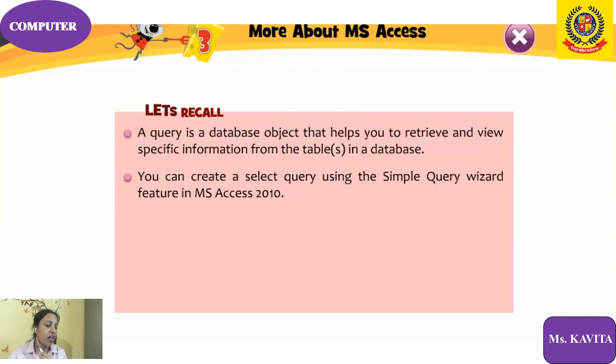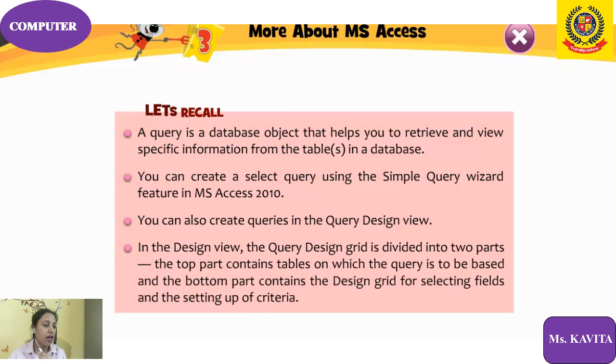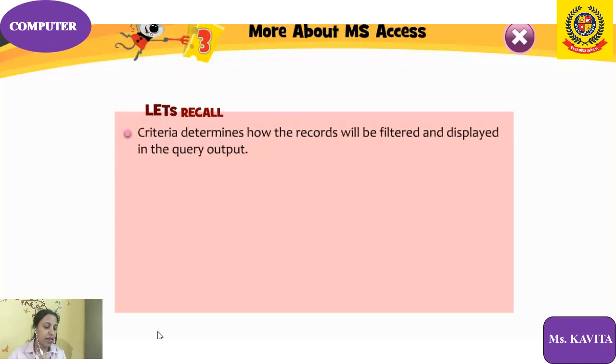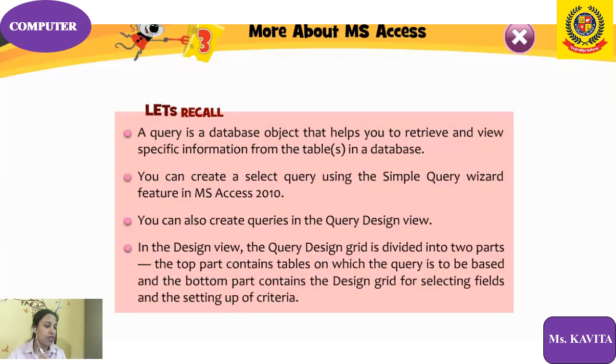What is a query? A query is a database object that helps you to retrieve and view specific information from the tables in a database. You can create a select query using the simple query wizard feature in MS Access.